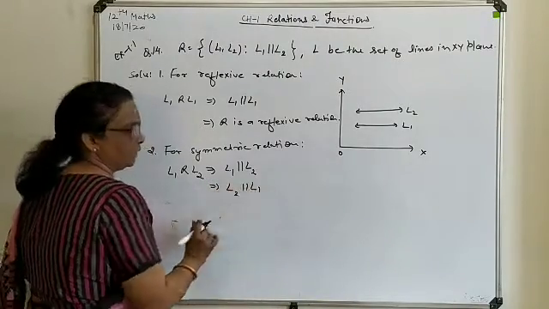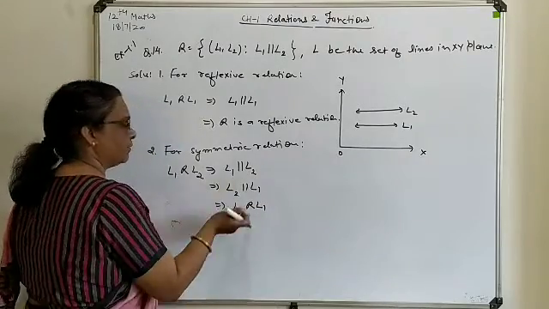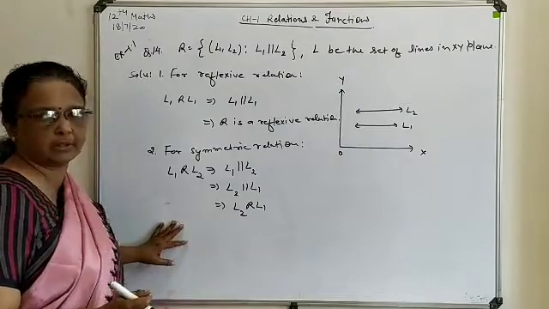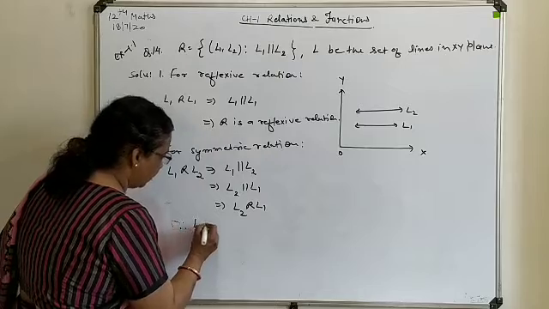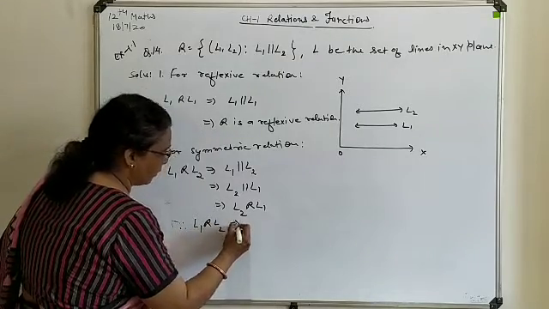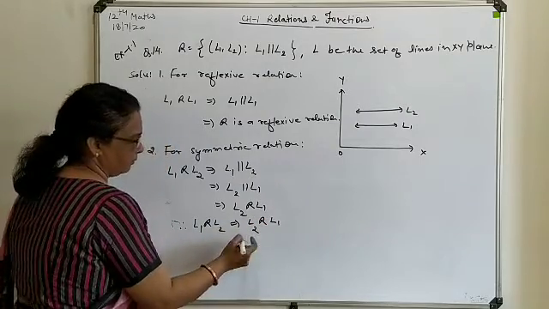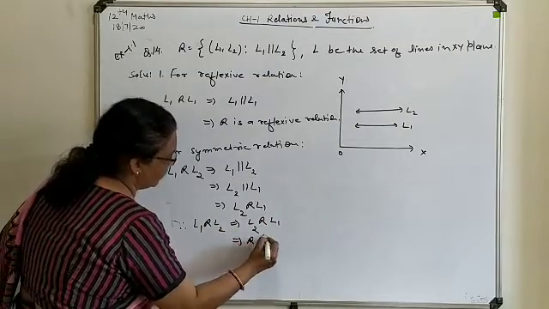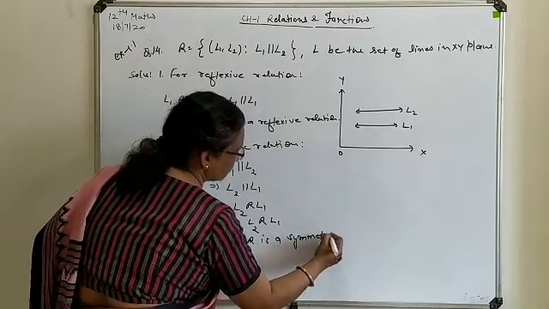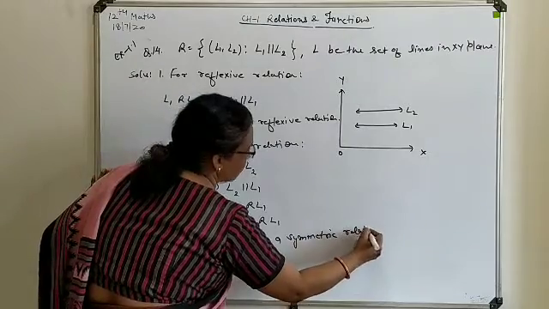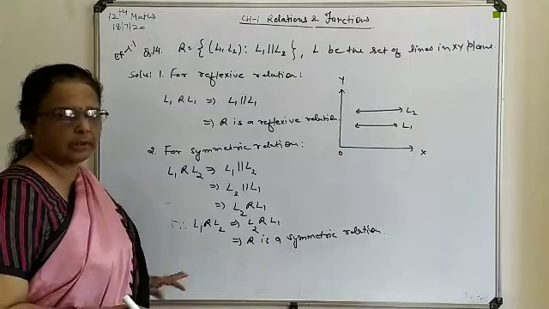That means L2 can be related with L1, so the reverse order is also maintained. Here L1 relates with L2, and in reverse order L2 relates with L1. That means you can say R is a symmetric relation. This way, in the geometrical concept also, this type of question can be handled.